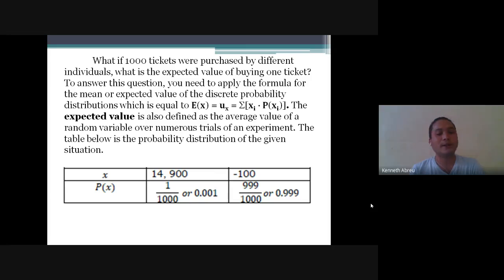Ang probability na tumama ka would be only 1 over 1,000 or 0.001 or 0.1% only. That would be the probability na tamaan mo yung ticket mo. And then, yung hindi ka naman tatama, na nabawasan ka ng 100 pesos, is 999 over 1,000 or 0.999 or 99.9% yung probability na hindi ka tumama.